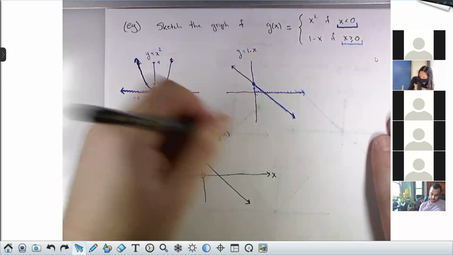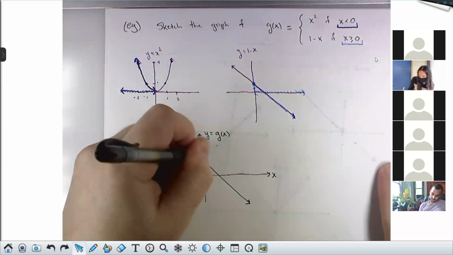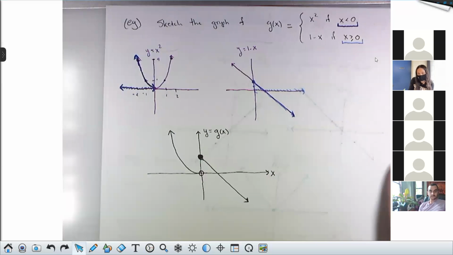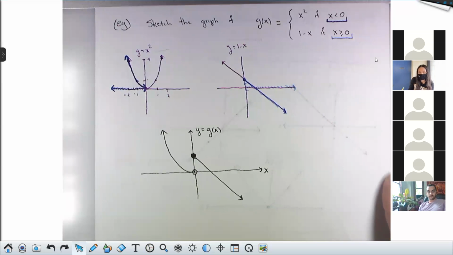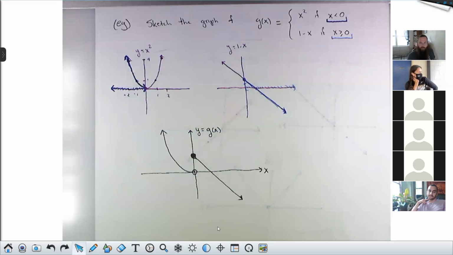So here's the graph of g. Any questions about where the black graph at the bottom here is coming from? How we got that from these? Mostly feeling good?